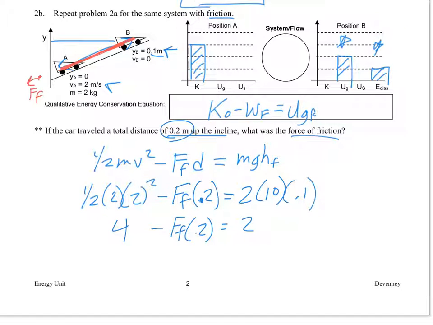So that means that 2 joules of energy must have been dissipated from friction. So mathematically, if we're going to figure it out, we're going to have 4 minus 2 equals force of friction times 0.2, and we can solve for that force of friction and find that the force of friction in this case is 10 newtons.